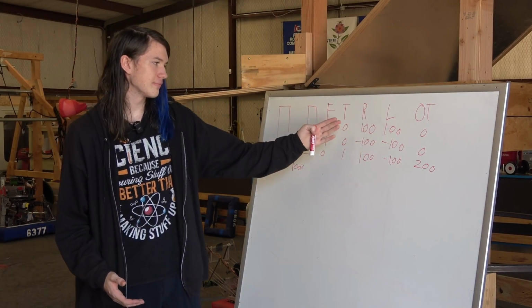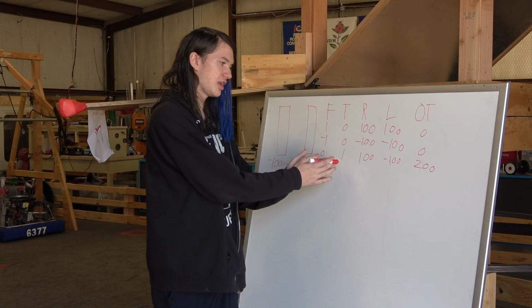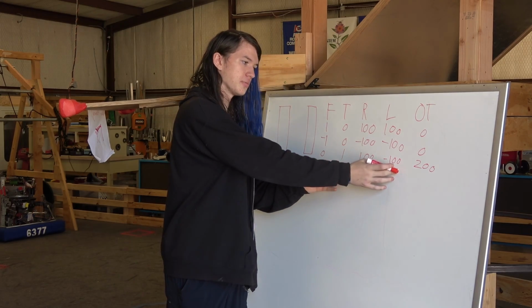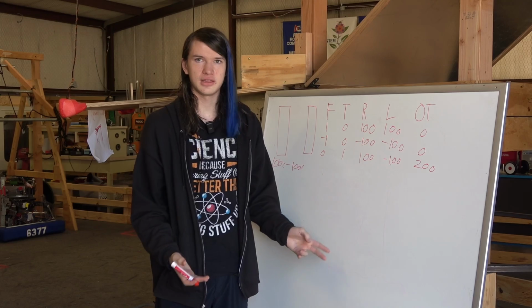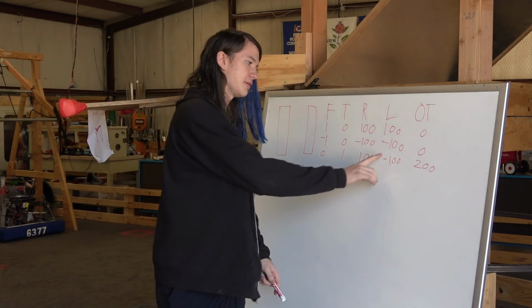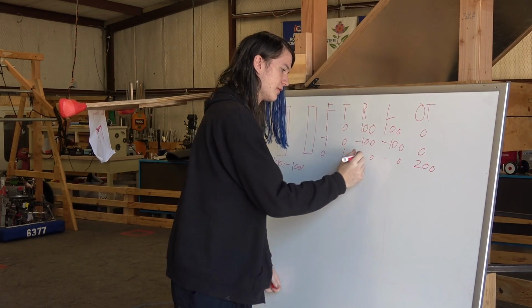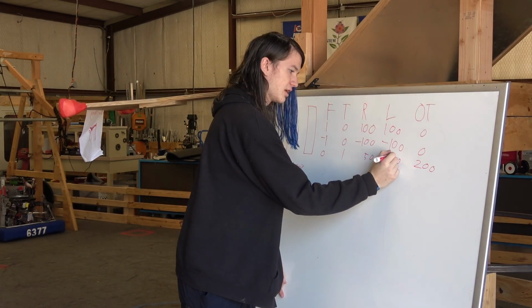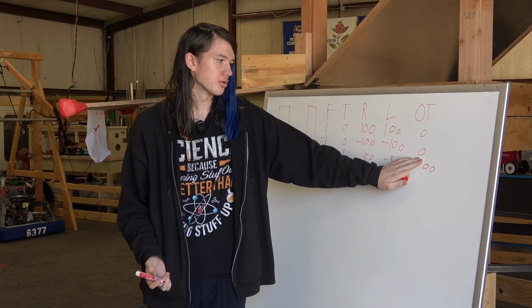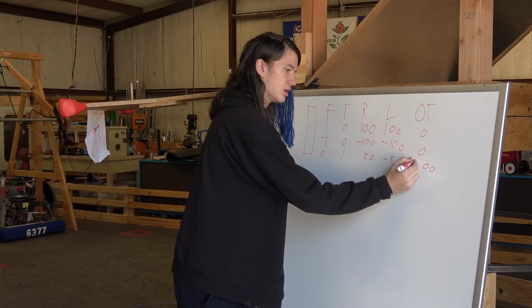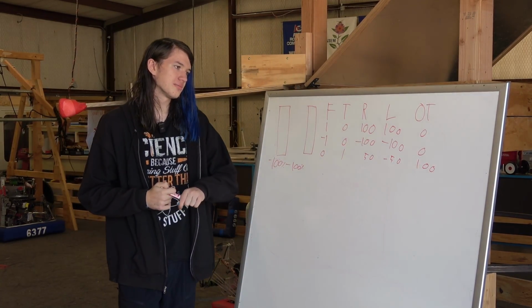Instead of directly adding the turn to the right and subtracting it from the left, we only add half the turn to the right and subtract half the turn from the left. So that'd be 50 and negative 50.